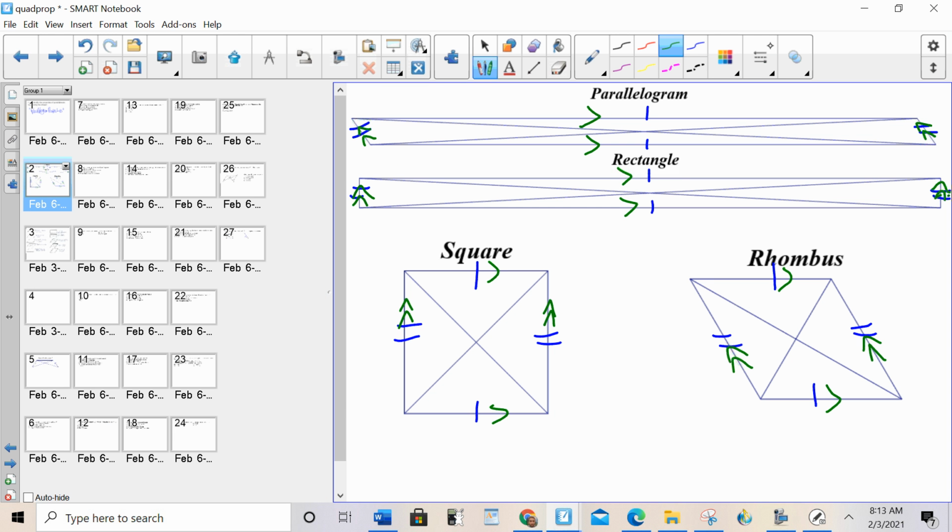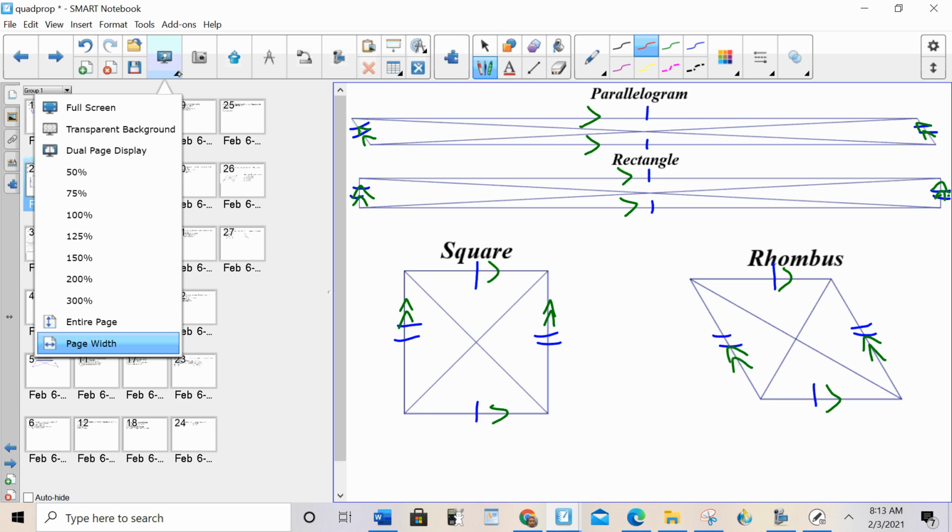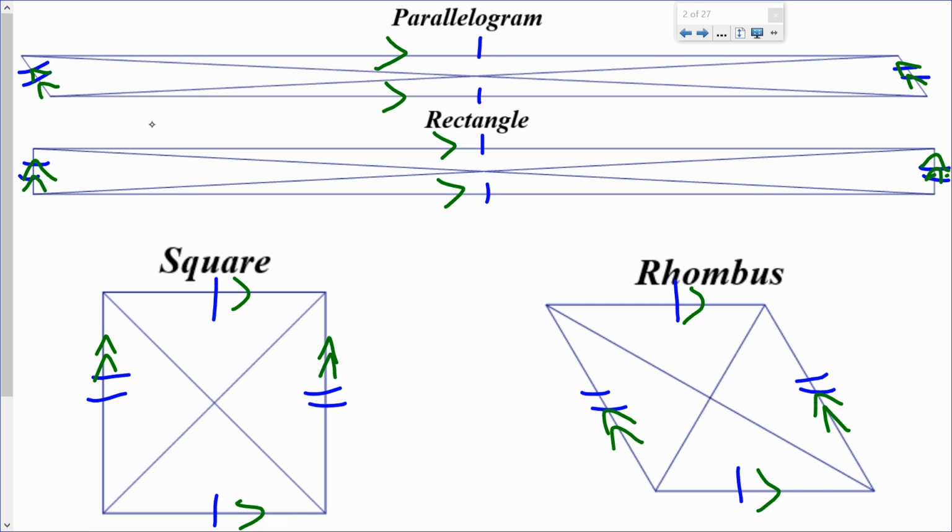Another property of the parallelogram is that it has opposite angles congruent. Those are congruent, and then these ones are congruent. Is that the case in the rectangle? Yes. In a rectangle, they're all right angles, so they're all congruent. That's the case in the square, and that's also the case in the rhombus.